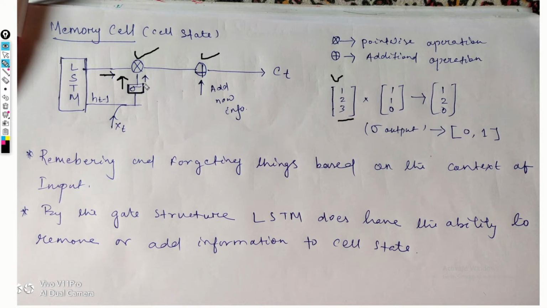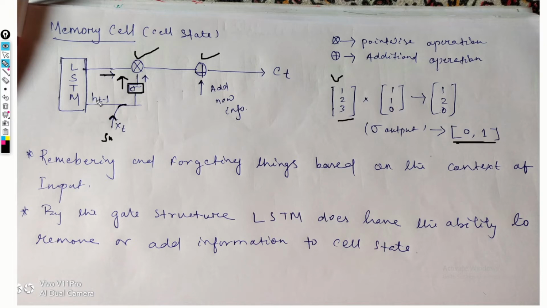The current timestamp word will be projected in this particular input area. Suppose I showed you in that example, Sam, paratha, eats, that eats timestamp word will be projected here.